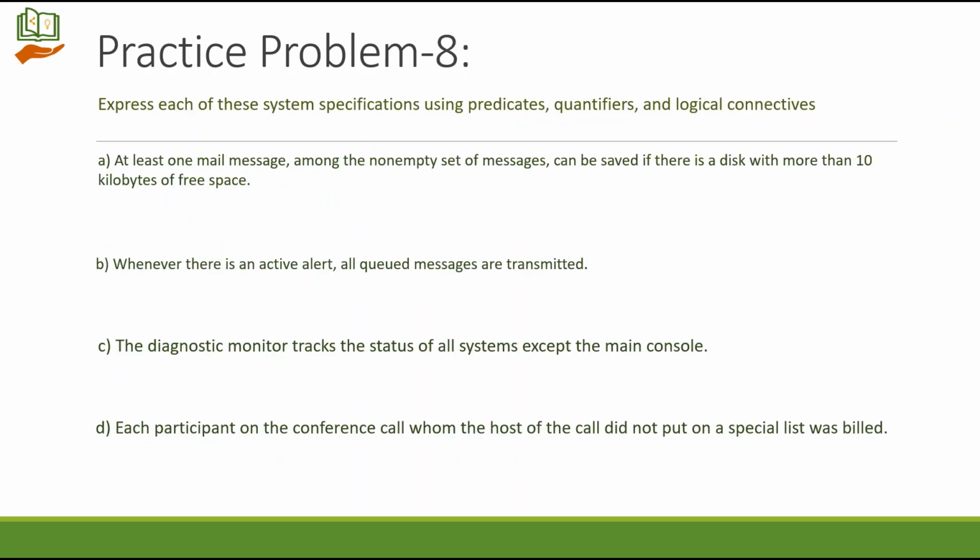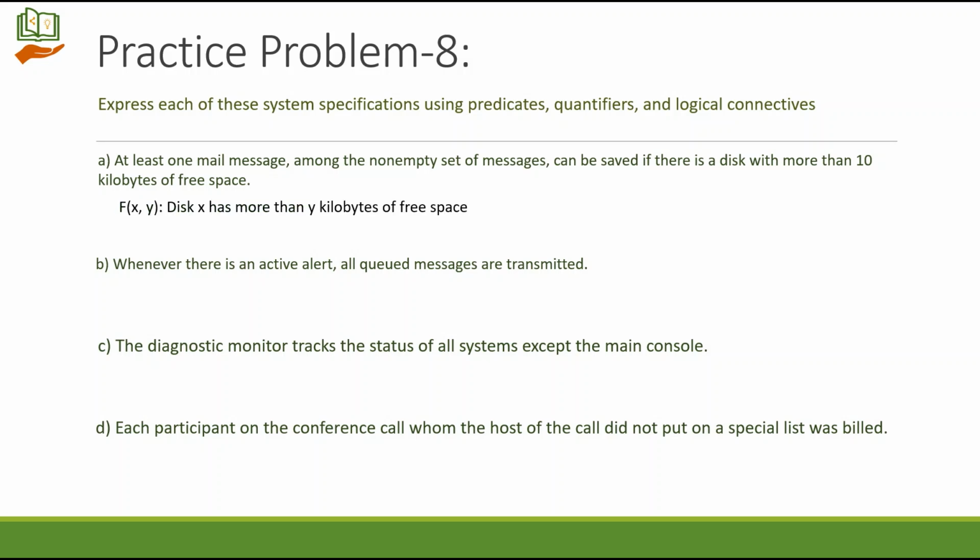Next problem. Express each of these system specifications using predicates, quantifiers and logical connectives. Let's go for the first one. At least one mail message among the non-empty set of messages can be saved if there is a disk with more than 10 kilobytes of free space. First we have to take the predicates.